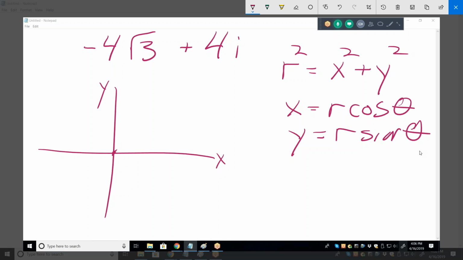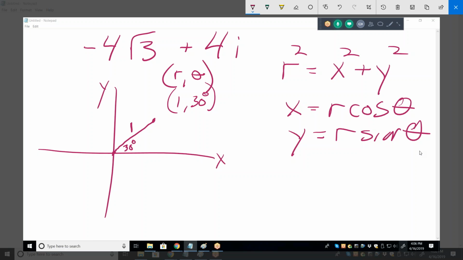If I put a polar point where the length is 1 and this is a 30-degree angle, the polar coordinates would be 1 comma 30 degrees, which is r comma theta.